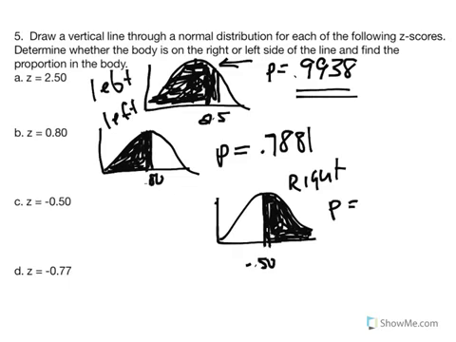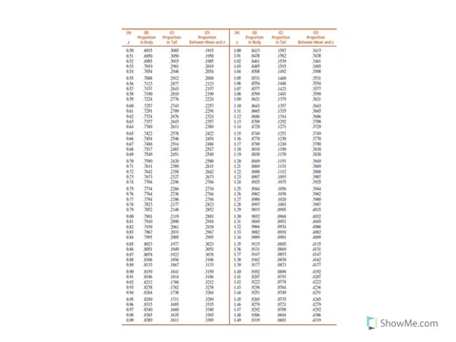So let's go to our unit normal table. In our unit normal table, again, we utilize column A to find our z-score, and it's here, up at the top, with the area in the body, or the proportion in the body, which is 0.6915. So let's go back to our problem.